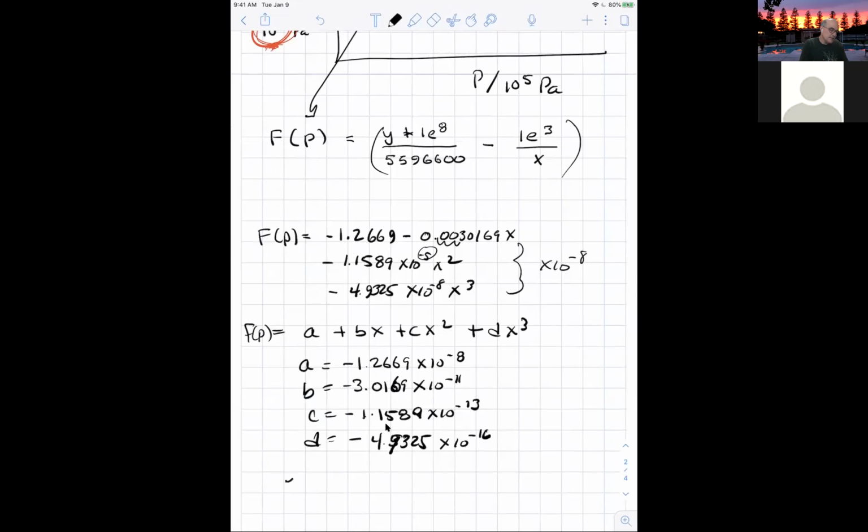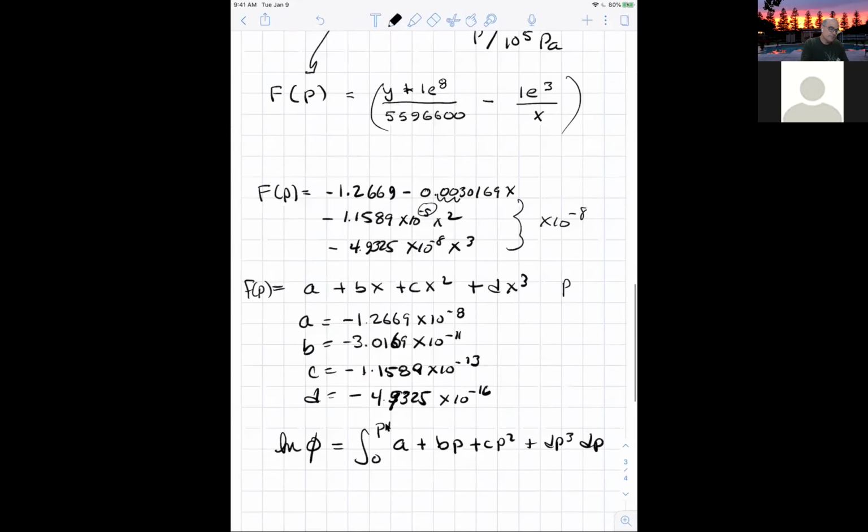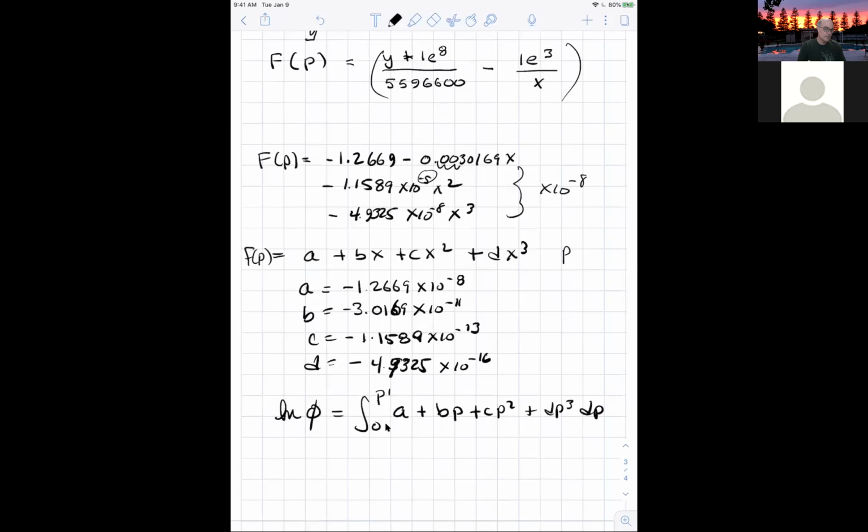But what we're trying to solve is this: the integral of A plus BP plus CP squared plus DP cubed, dP. It's P, not x. Now we have to talk about the limits, because it turns out that the fugacity coefficient is not just one value.